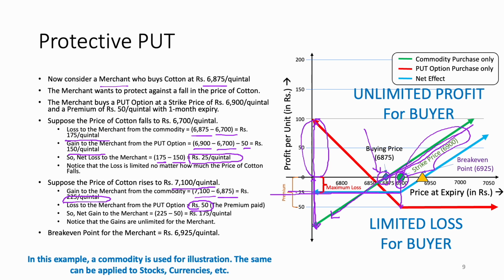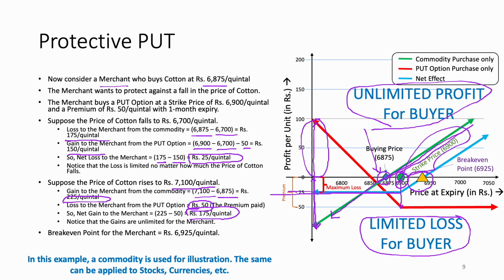So he will remove the premium from the profit he is making, and he will make a profit of 175 rupees per quintal. So you notice here again, by using a put option against a commodity he has, he is going to get unlimited profit if the markets are favorable, but his losses are limited to a certain amount if the market falls. So in this case, the break-even point for the merchant is at this point, which is 6,925.